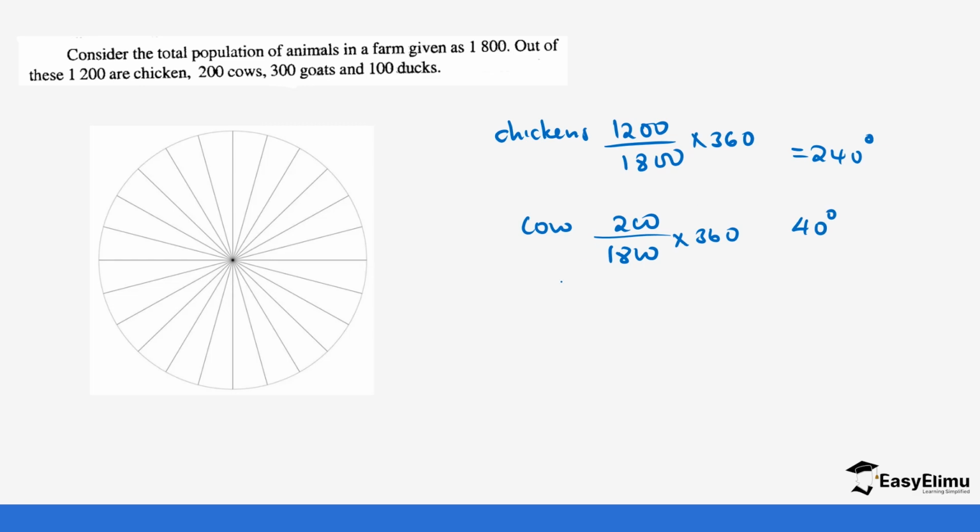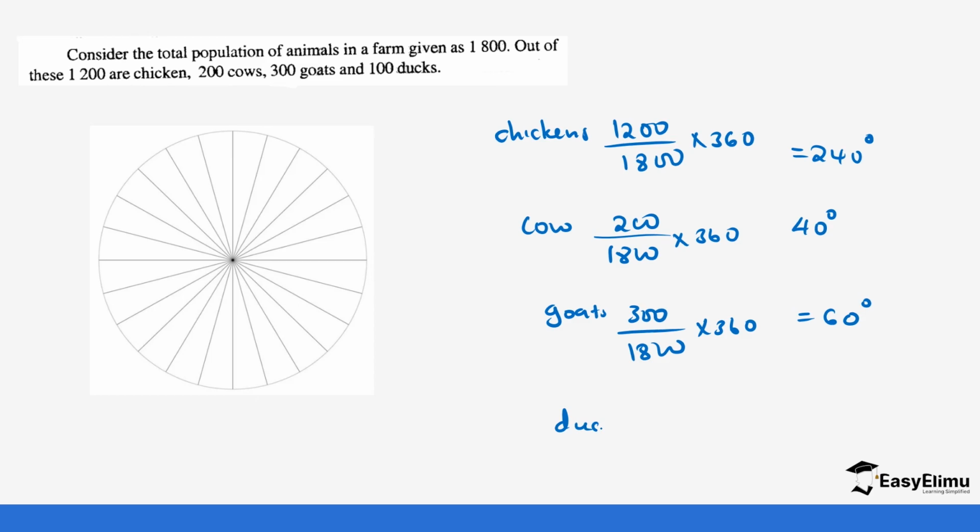And then goats. The goats are 300 over 1800, then times 360. So if we do 300 divided by 1800 times 360, it gives us 60. And finally, 100 ducks.